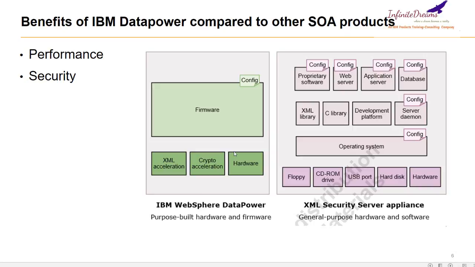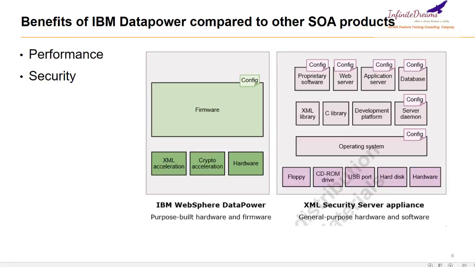It can consume the complete RAM, complete hardware, complete processing speed. So automatically your performance will be quite higher than if you install the same application in a normal operating system. This is the reason Data Power is, performance wise, the best integration tool.